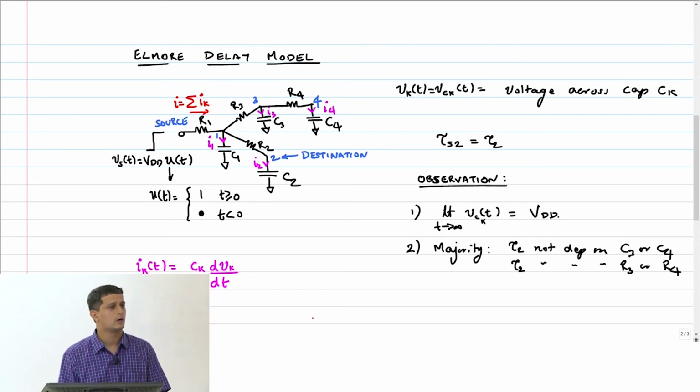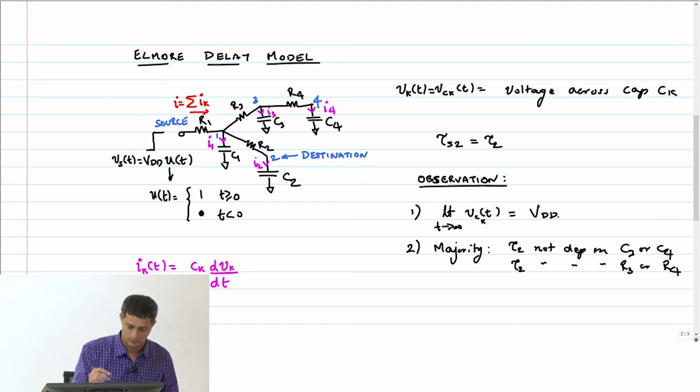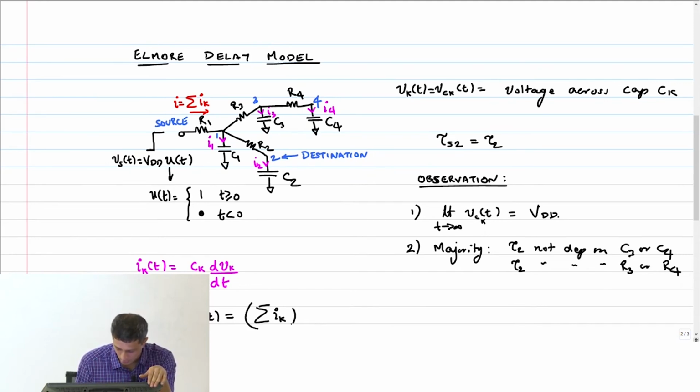What's the current through R2? I2, right? Therefore, what is Vs minus V2? I can now write Vs of t minus V2 of t is the voltage drop across R1 plus the voltage drop across R2, which is summation Ik into R1 plus I2 into R2.